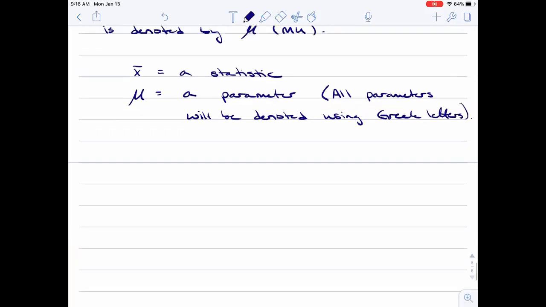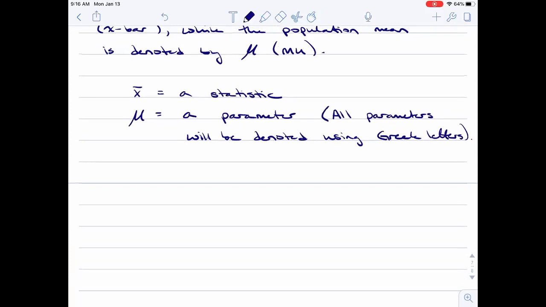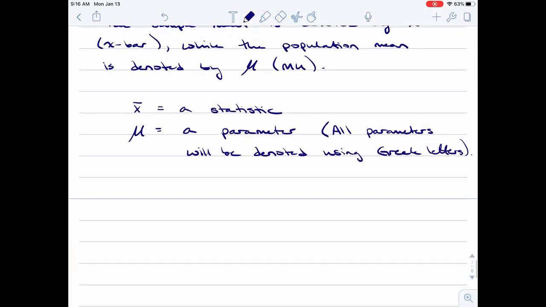So your Greek alphabet is going to get pretty good. We've got some go-tos: mu, alpha, beta. But in general, all parameters, we're going to use Greek letters.